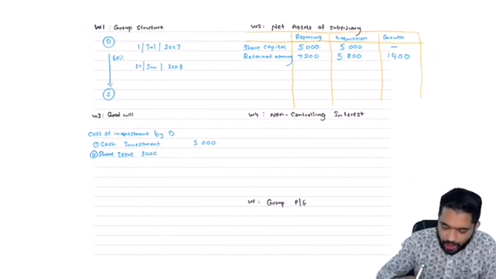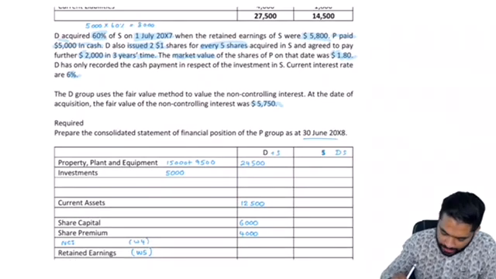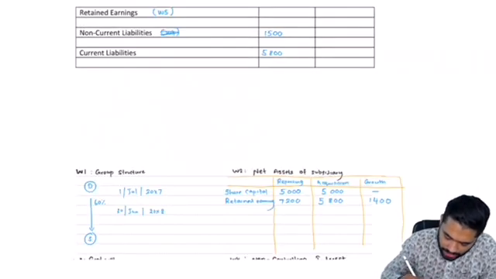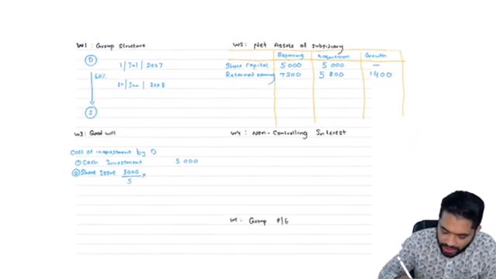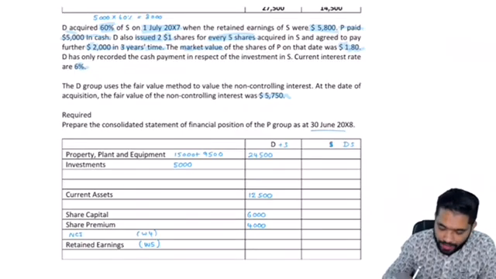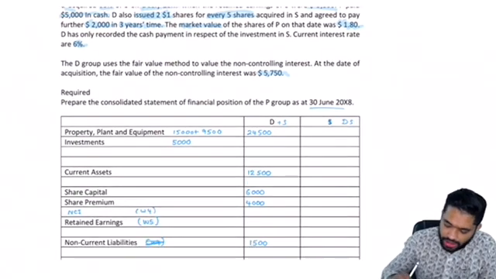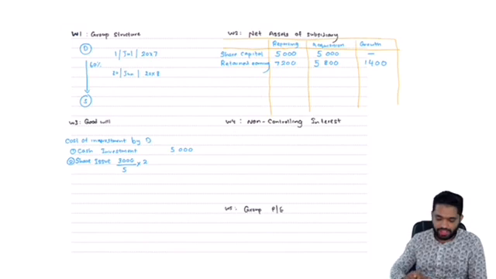For every 5 shares that we acquired in S, we are given 2 shares of the parent, which is D. So the number of shares that was issued, 3,000 divided by 5, into 2, that's going to be 1,200 shares.